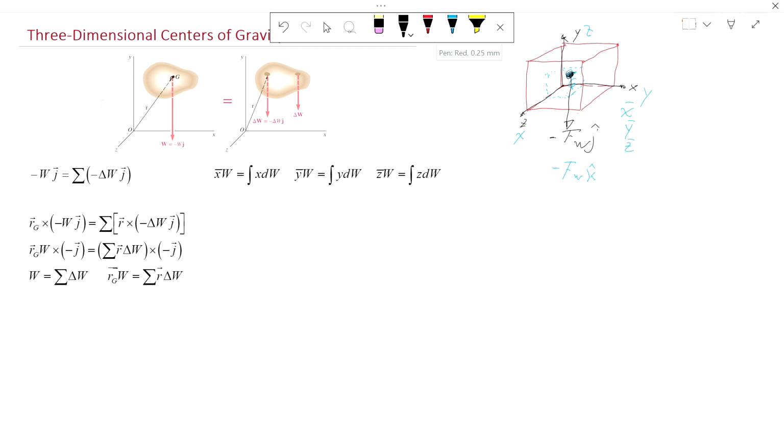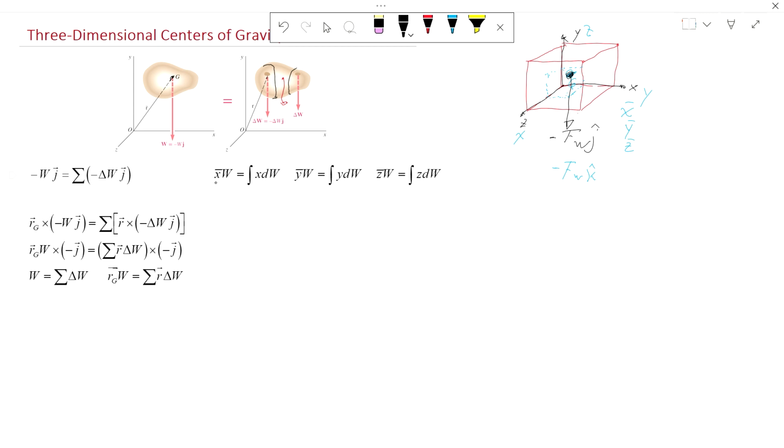We located the centroid, the center of gravity. In a case where we have many regular shapes, we do a summation of volumes. Say this is a shape, and this is another shape, and you can even have a third shape. In that case, you do the summation of the volumes.